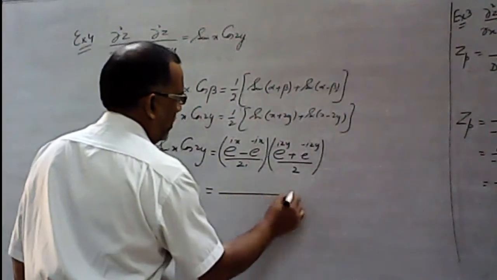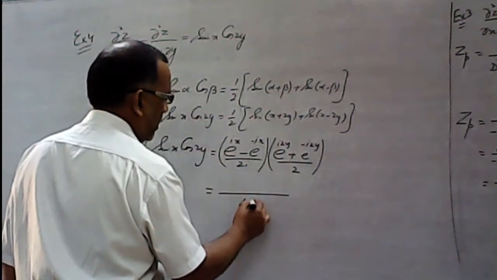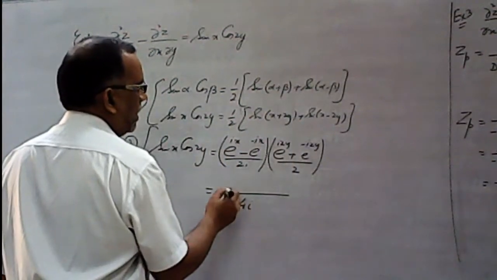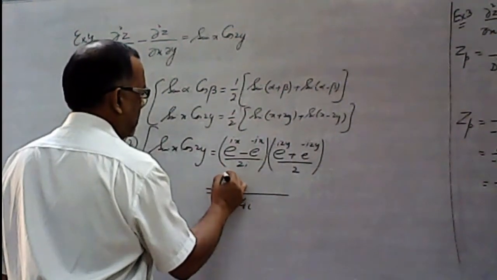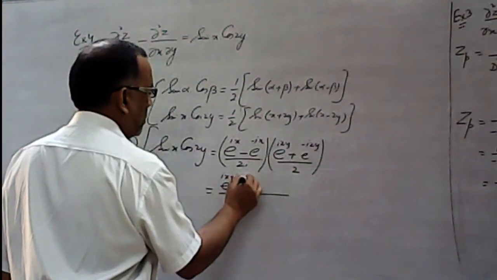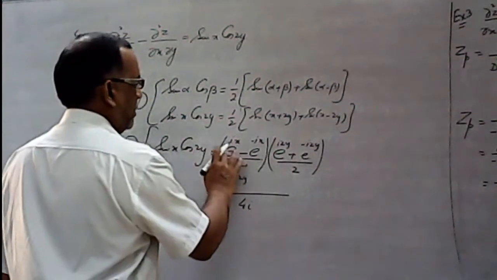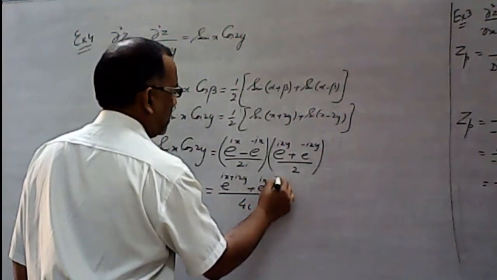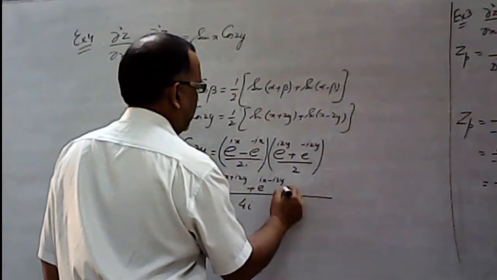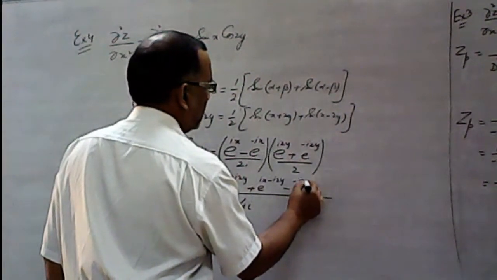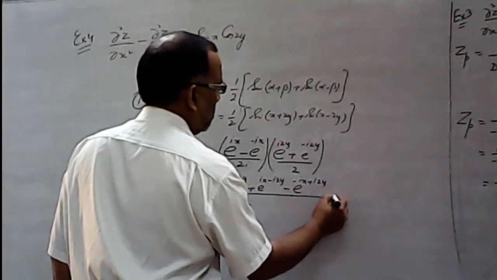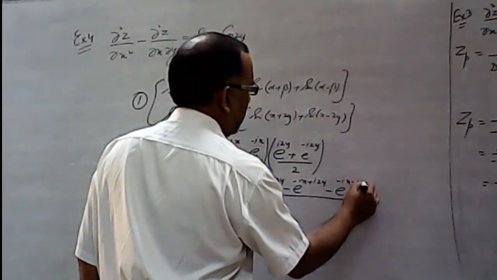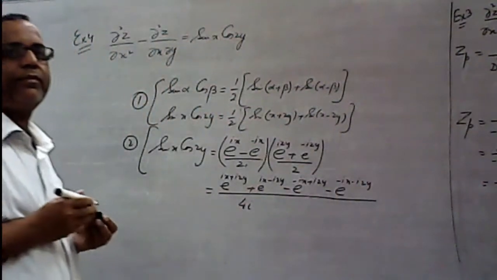How? Look, denominator multiplied with denominator becomes 4i. e^(ix) is multiplied by e^(i2y), so it is e^(ix+i2y), then plus e^(ix−i2y), then minus e^(−ix+i2y), and finally minus e^(−ix−i2y).